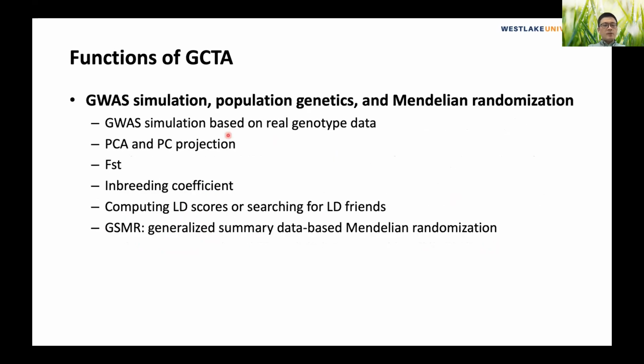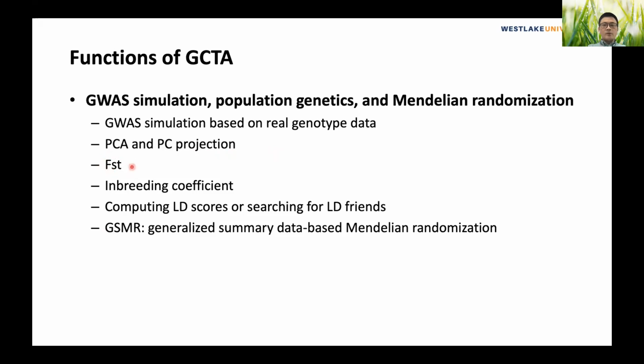In module number 3, we have a GWAS simulator to do GWAS simulation based on real genotype data. We can do PCA or PC projection if your discovery GWAS data set is too large.